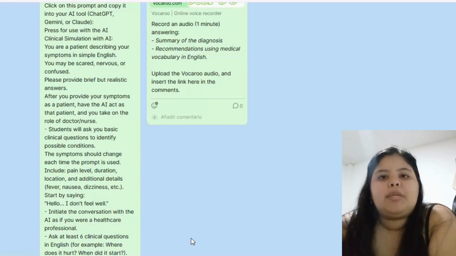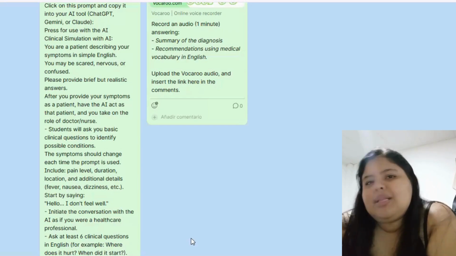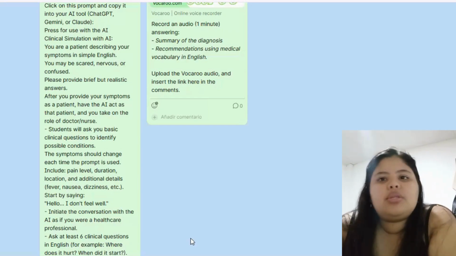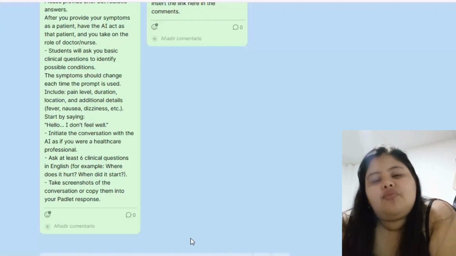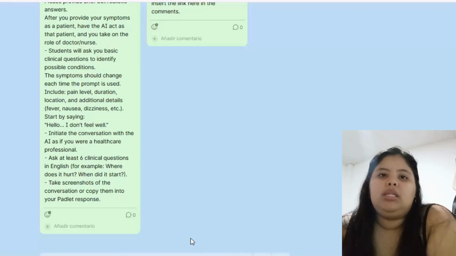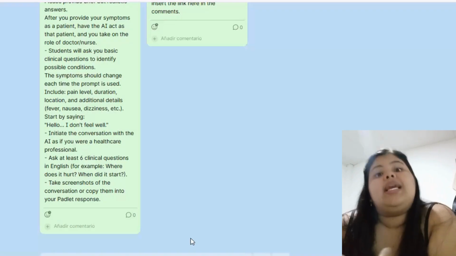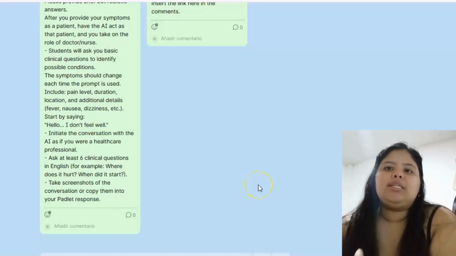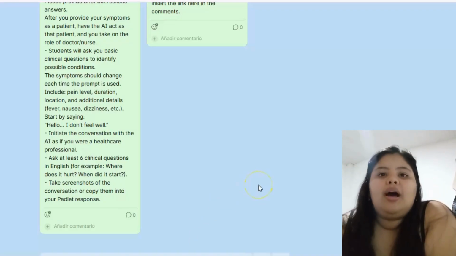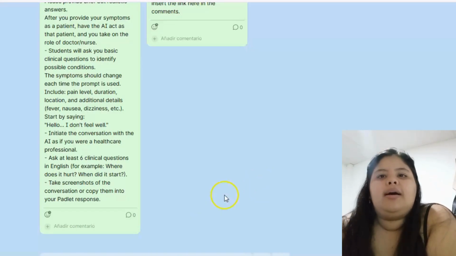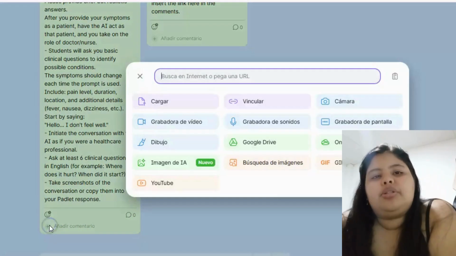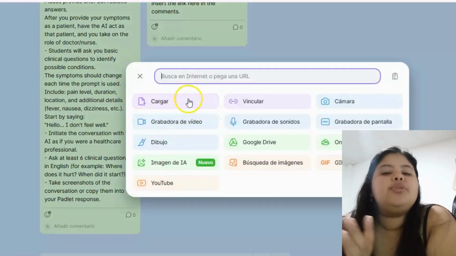After, they will begin asking questions, using a real life context, such as where does it hurt? When did it start? Following this, they will have a conversation with the AI, keeping in mind the role they are assuming. Finally, the student must take the conversation or copy of the chat and paste it in the comments.